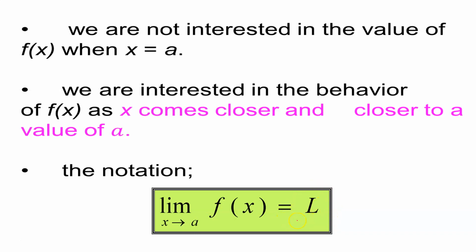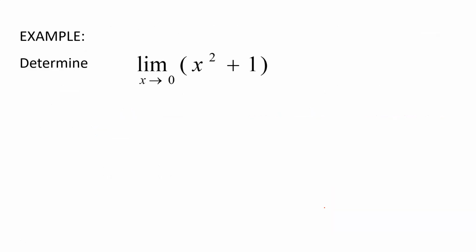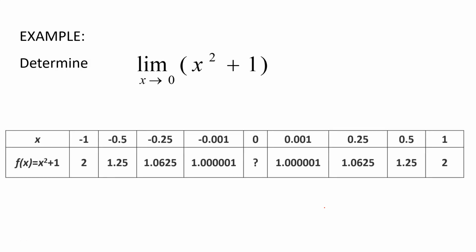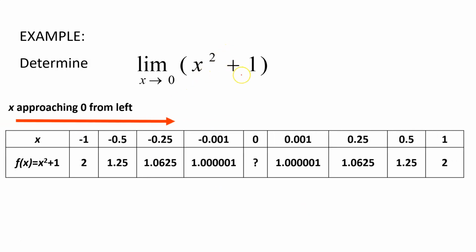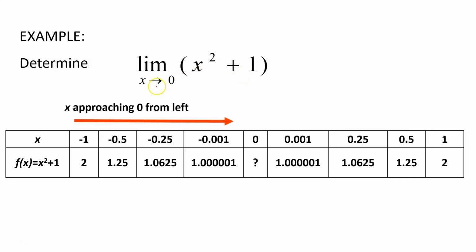So the limit, you will have numbers for that. Okay, let's see the example. Determine limit of x squared plus 1 when x approaching 0. So dia kata you have this function x squared plus 1, but now you have to find the limit when x approaching 0.